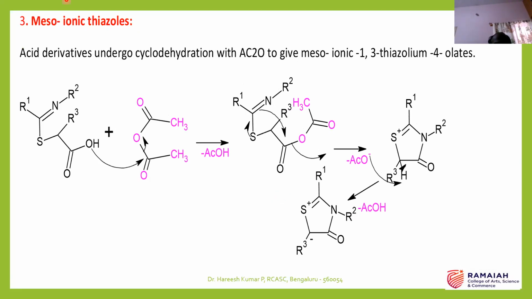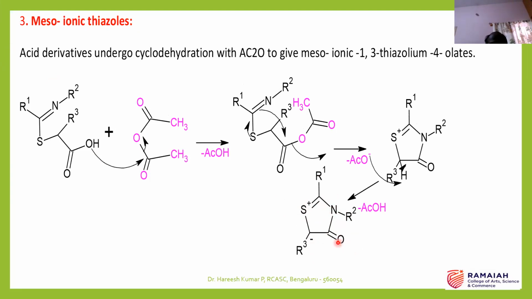So next slide is about the thiazole. Okay, thia means sulfur, aza means nitrogen, OLE means a 5-membered ring, and it is a meso-ionic. Why is it meso-ionic? Because it contains positive and negative charge. More particularly, positive charge in the 5-membered ring and negative charge outside the ring.